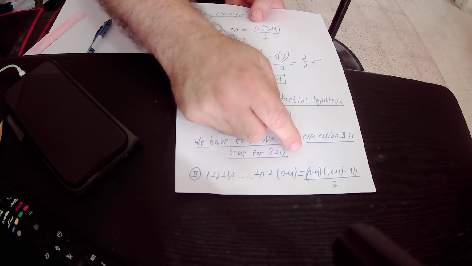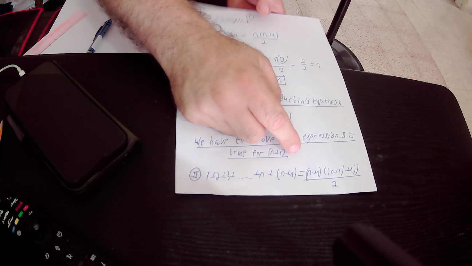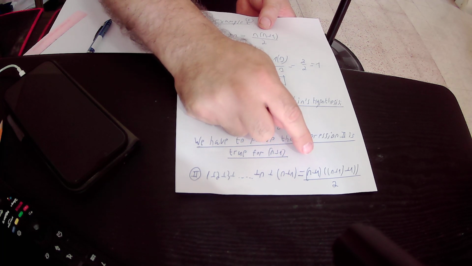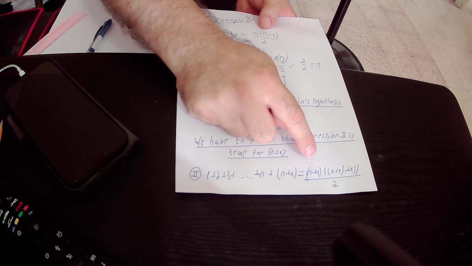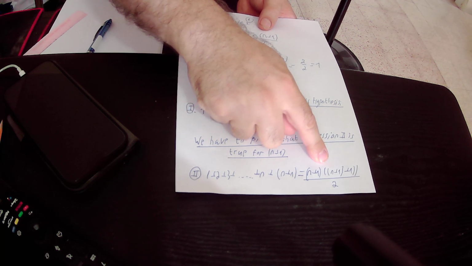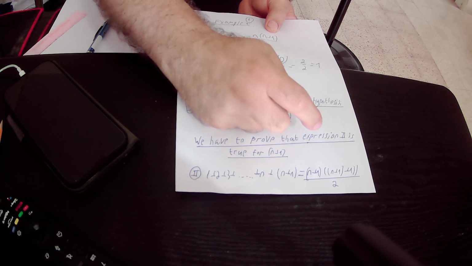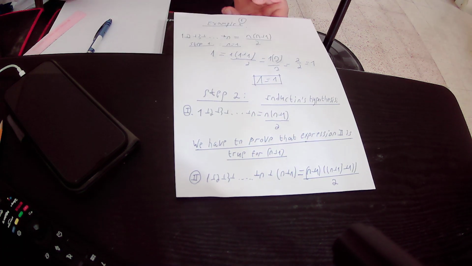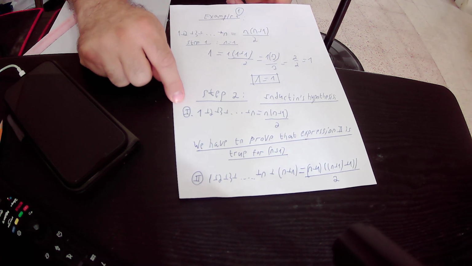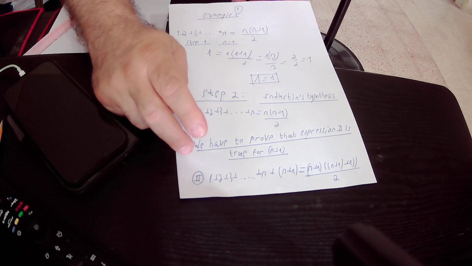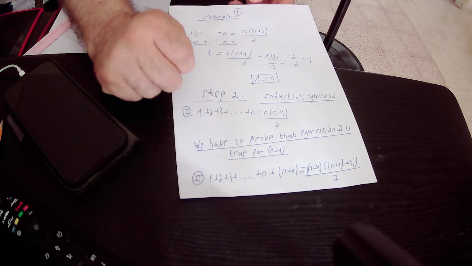So here it is n, here it is n, so we will write n plus 1, and we open brackets. Here again it is written n, so we will write n plus 1, n plus 1 plus 1, so we add 1, and we'll close the brackets, all divided by 2. So we assume that expression 1 is true, and we will rely on this in order to prove that expression 2 for n plus 1 is also true.